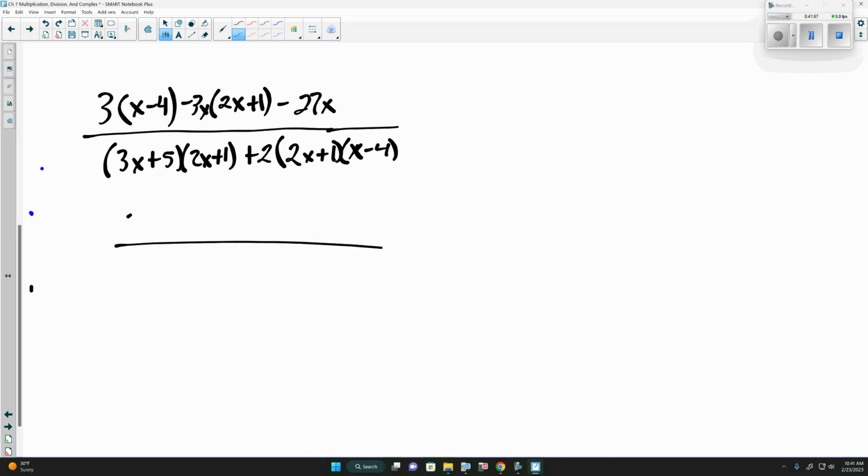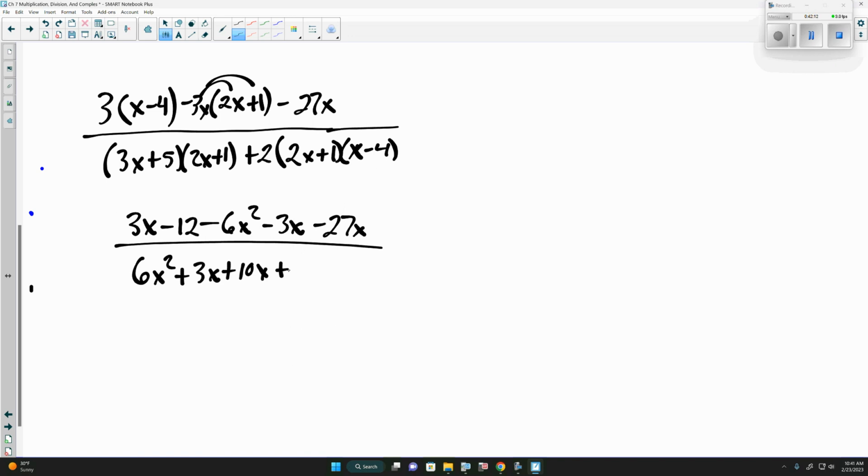We'll distribute the 3 here, 3x minus 12. Distribute the negative 3x, negative 6x squared minus 3x minus 27x. Here we're going to get 6x squared plus 3x plus 10x plus 5 plus, this is our 2x squared minus 7x minus 4.